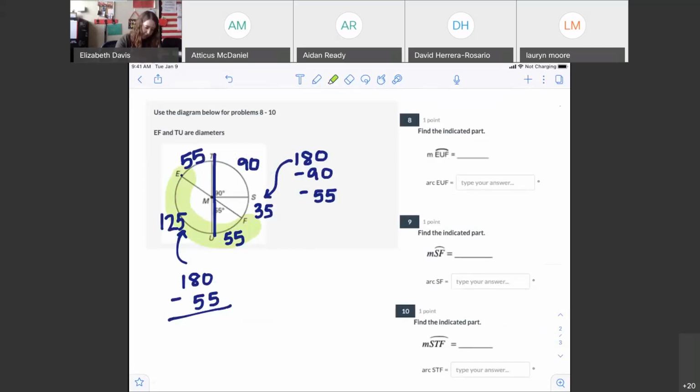Okay. So now we're looking at SF. So the shortest distance from S to F. We figured out that would be how much? Yeah, 35. Good job.